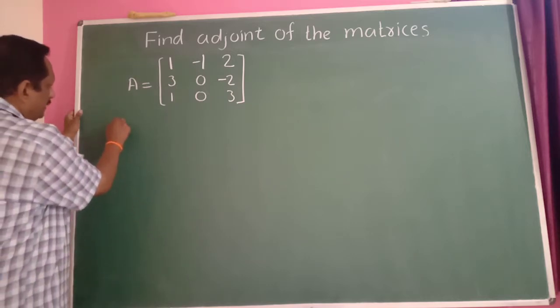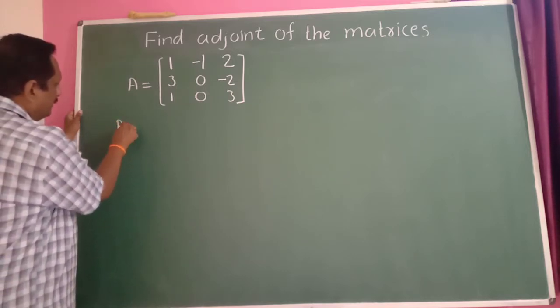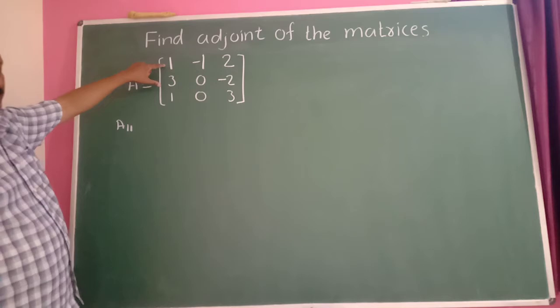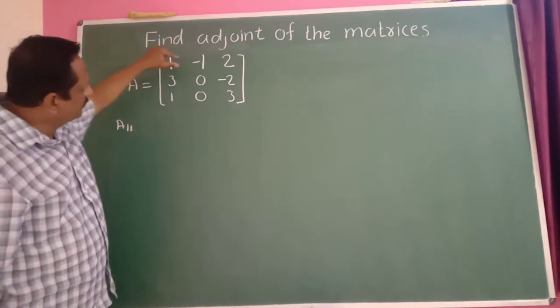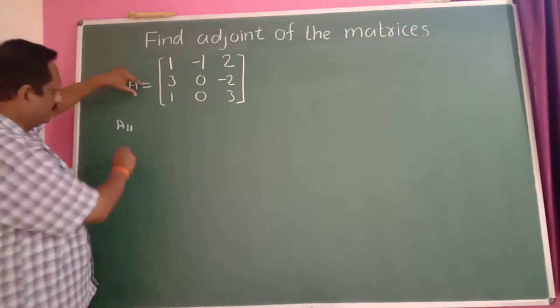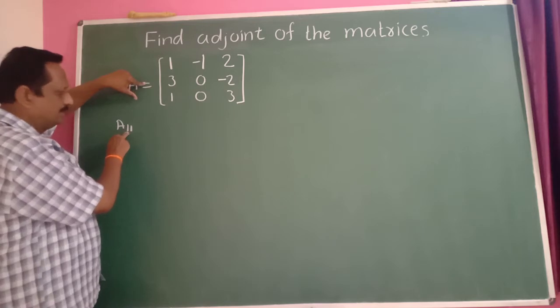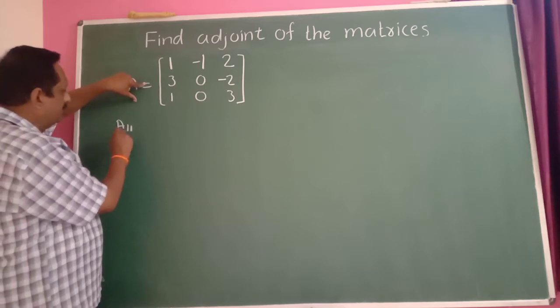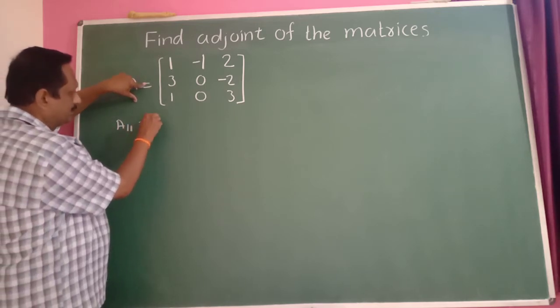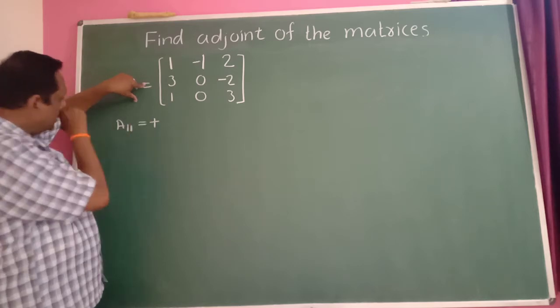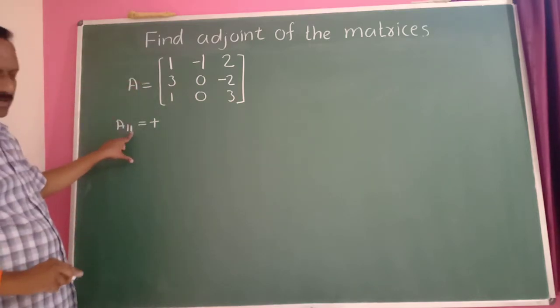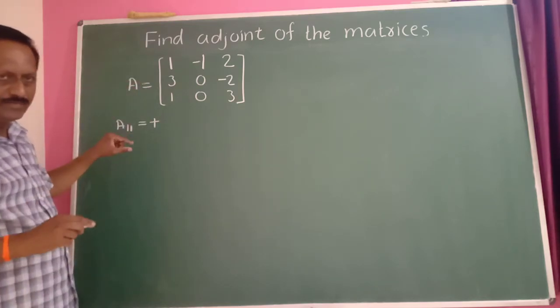Therefore, take here A11. A11 means the cofactor of this element. This is in the first row, first column here. Therefore, A11: 1 plus 1, 2, even number. So take here plus sign. Then deleting the first row, first column. I am writing directly step down.